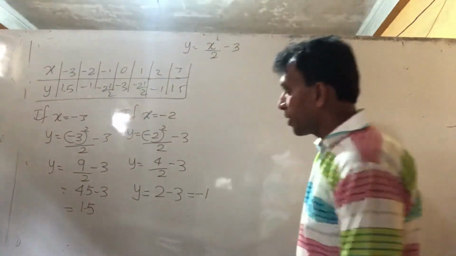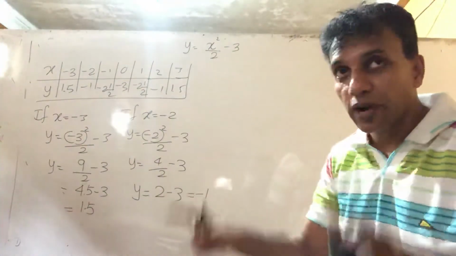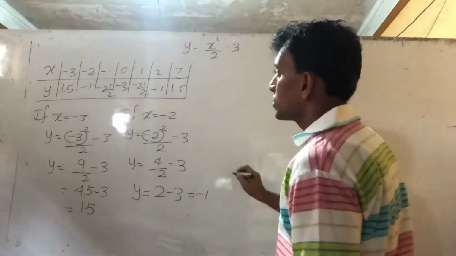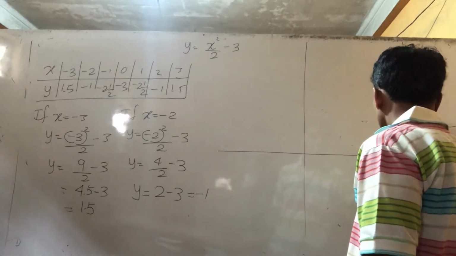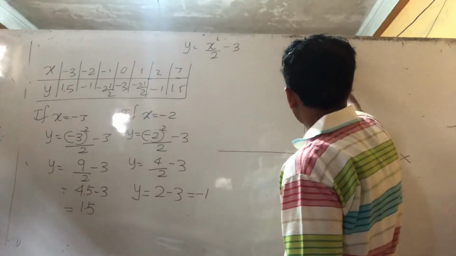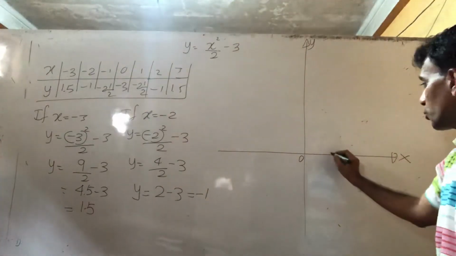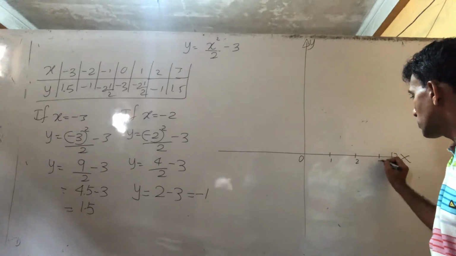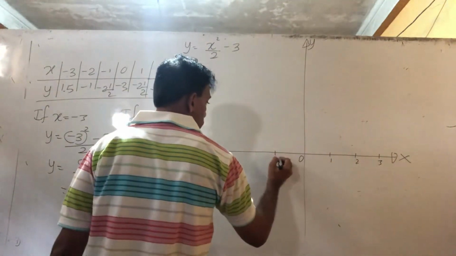Now prepare a graph sheet to draw. You can't draw on a square-ruled notebook. You need a big graph sheet, so take a large scale and complete it. Draw the x-axis, y-axis and origin, positively up to 3, negative side minus 3.